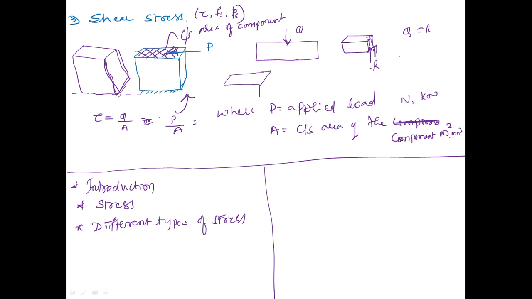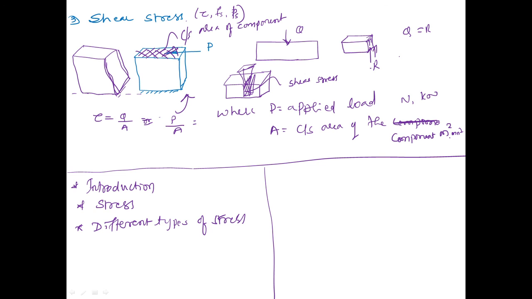You have a bar, and suppose with the help of some sharp chisel you want to cut it. The force which is going to act on this particular cross section area is going to cause the shear stress.